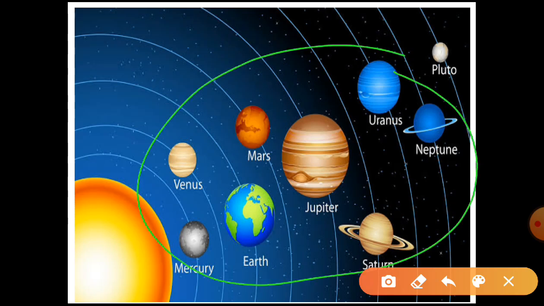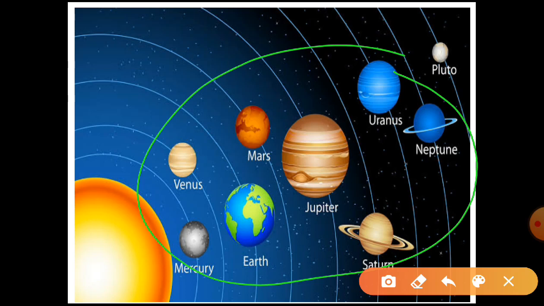Out of these, we need a suitable environment and atmosphere to live on the earth or anywhere. We can't live on Jupiter, Mars, Uranus, Neptune, Saturn, Venus or Mercury, because there is no suitable air, water and temperature.